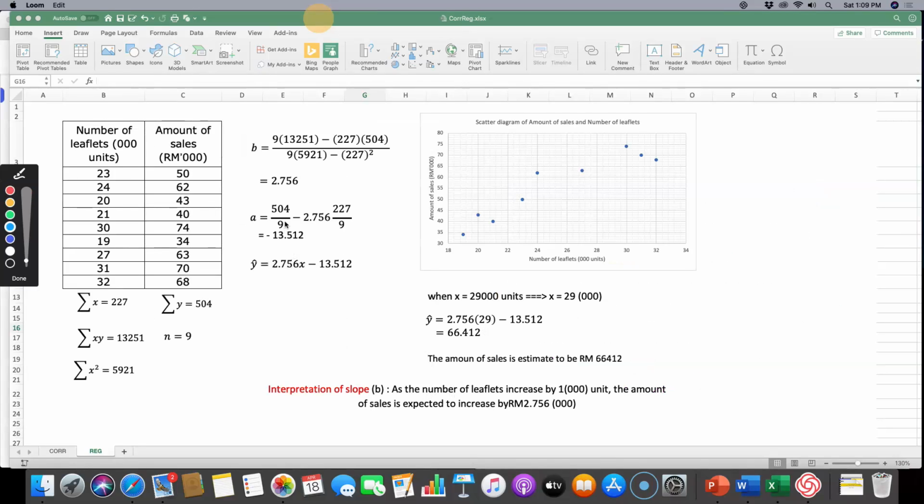Since the value that you obtain is a positive value, 2.756, therefore, we can say that as the number of leaflet increased by 1 unit, the amount of sales is expected to increase by 2.756. So always put back the actual value in 1,000 unit and in 1,000 ringgit.